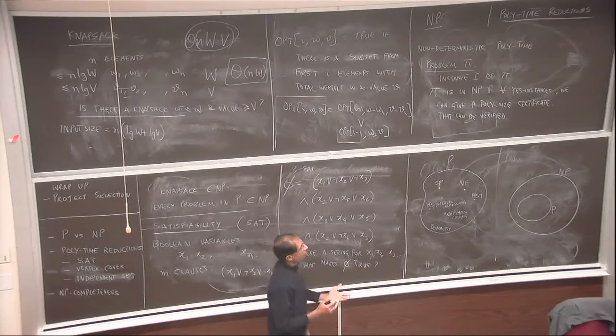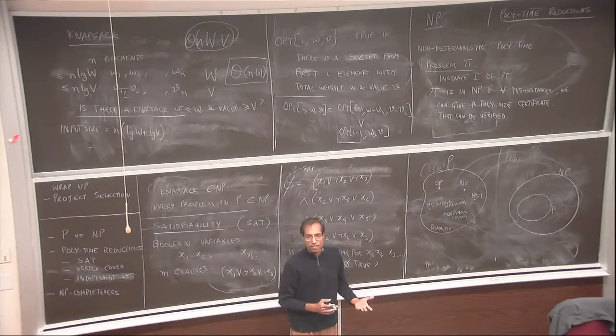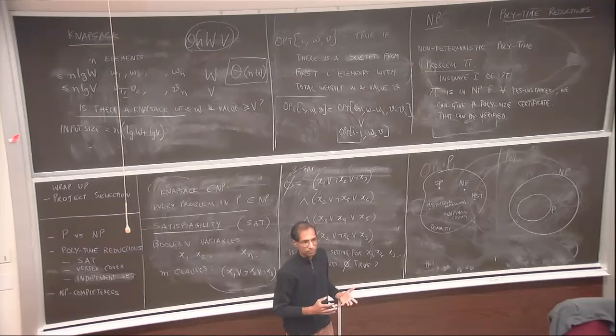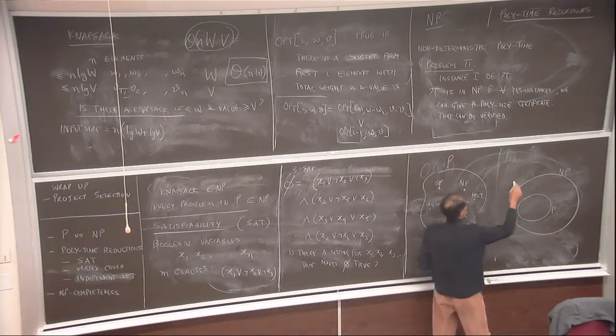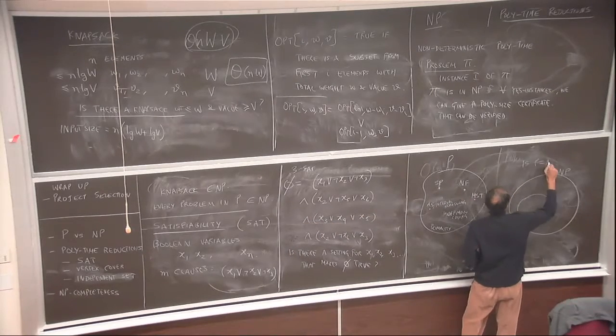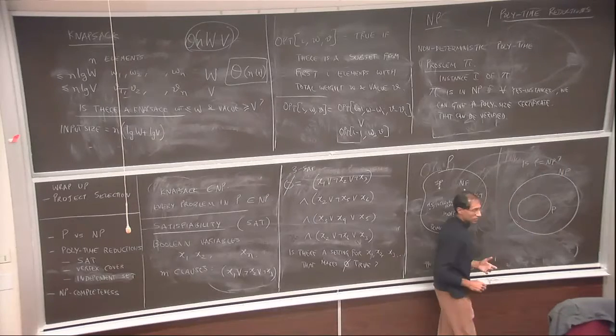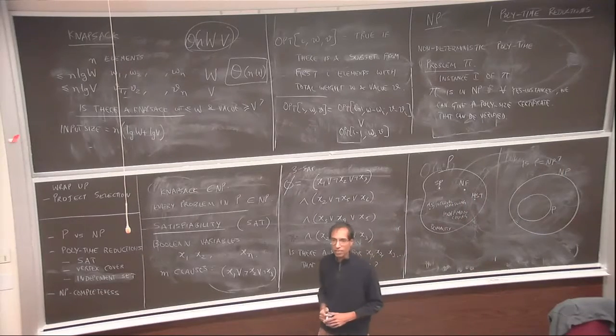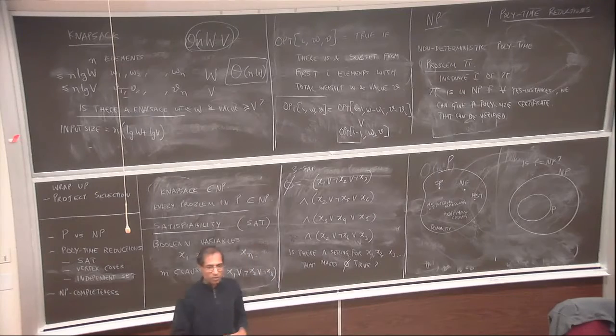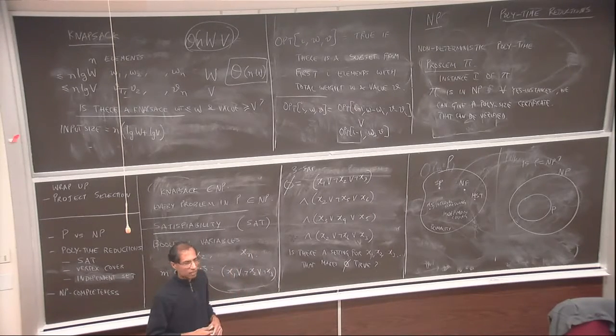And a $1 million question is, are these two the same? Is P equal to NP? It's truly a $1 million question because the Clay Mathematical Institute put this out as a problem more than 10 years ago now, and people have been working on this for the past 40 years and are nowhere near being able to resolve this.